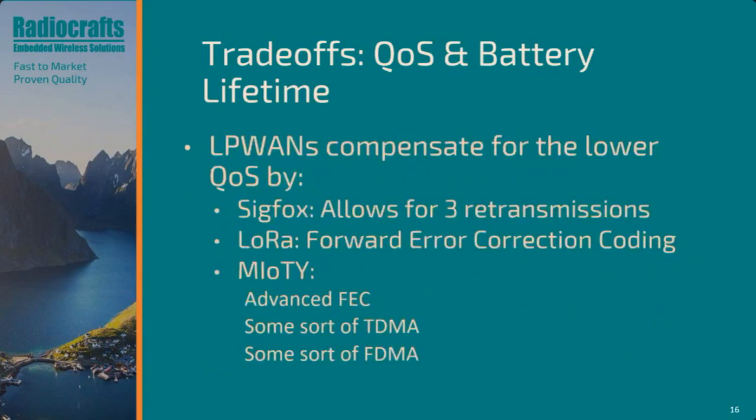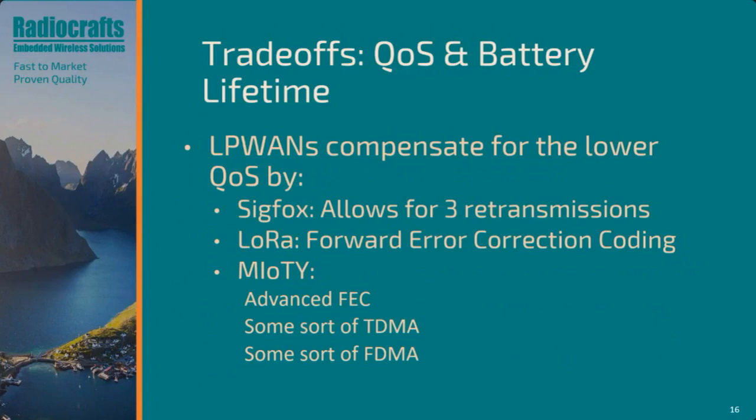Then some common LPWANs compensate because they have to deal with it. They have to keep battery consumption low, but still they don't want to sacrifice QoS totally. To compensate for that, for example, Sigfox allows for 3 retransmissions, LoRa uses FEC coding, and MIOTY uses a number of different techniques. It uses very advanced FEC, forward error correction.